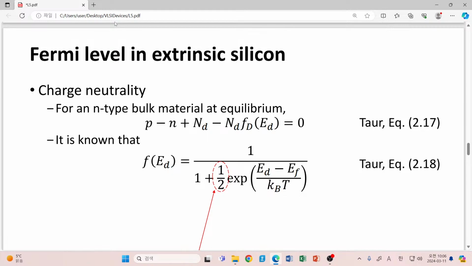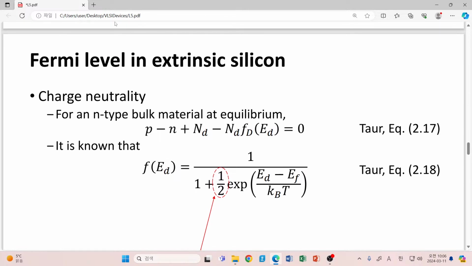Why do we have such a difference when it is close to the conduction band or valence band? It can be used as a good impurity, and why is it not when it has a deeper state? So now let's consider an intrinsic silicon case.